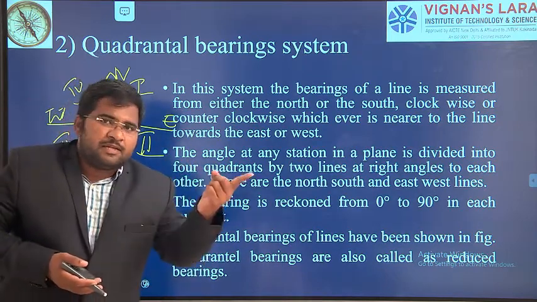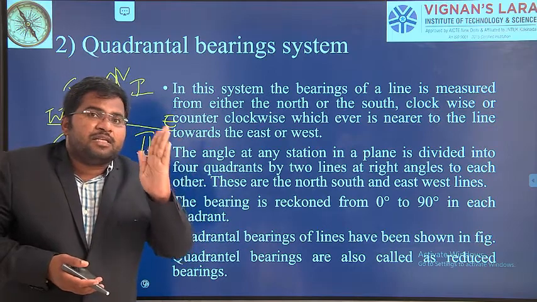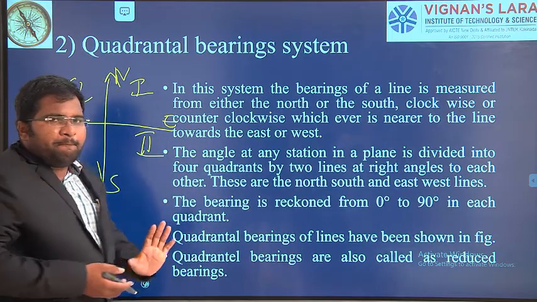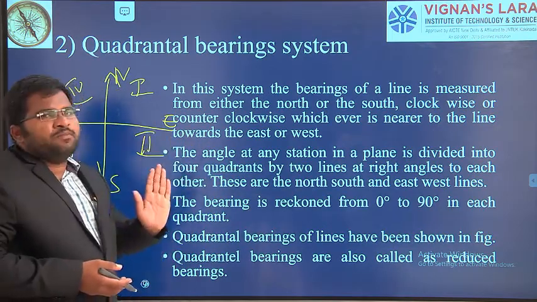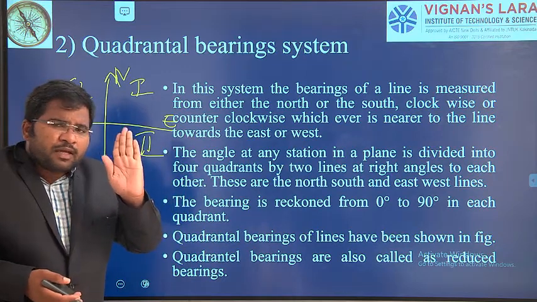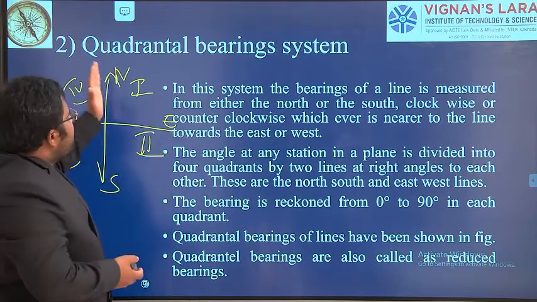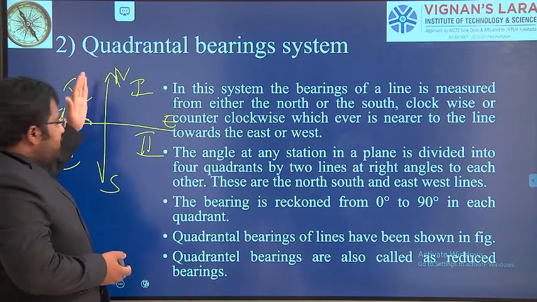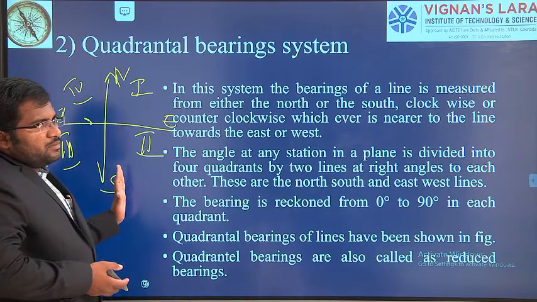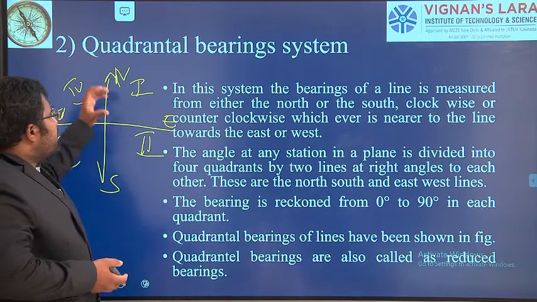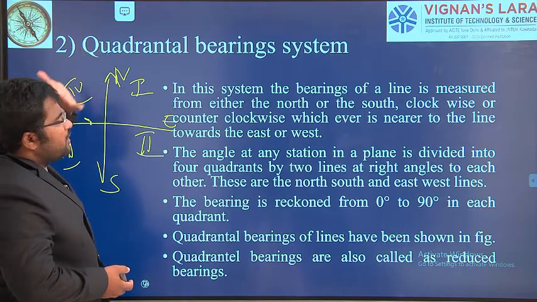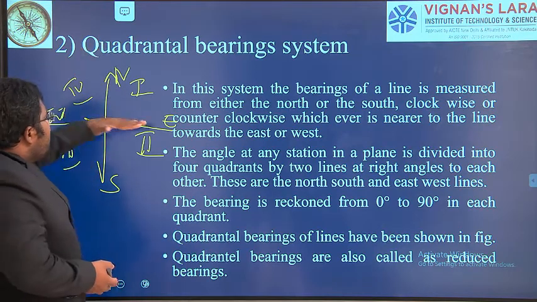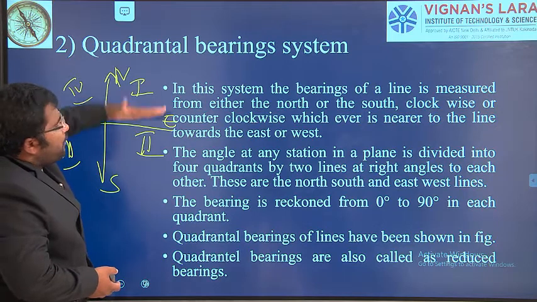In the previous system we represented only with respect to north. In this system you represent the angle with respect to north or south, meaning the upper part and the lower part.